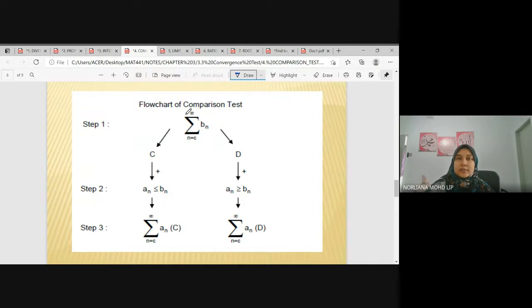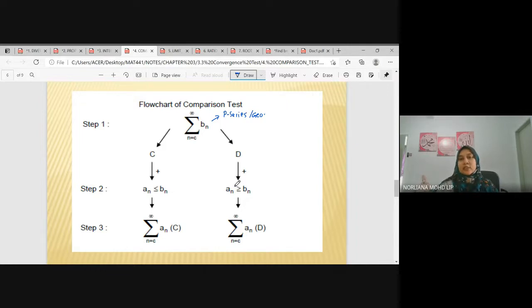Once you have identified Bn, we test its convergence. Usually Bn is either a P series or geometric. If convergent, then An must be less than or equal to Bn. If the series is divergent, then An must be greater than or equal to Bn.